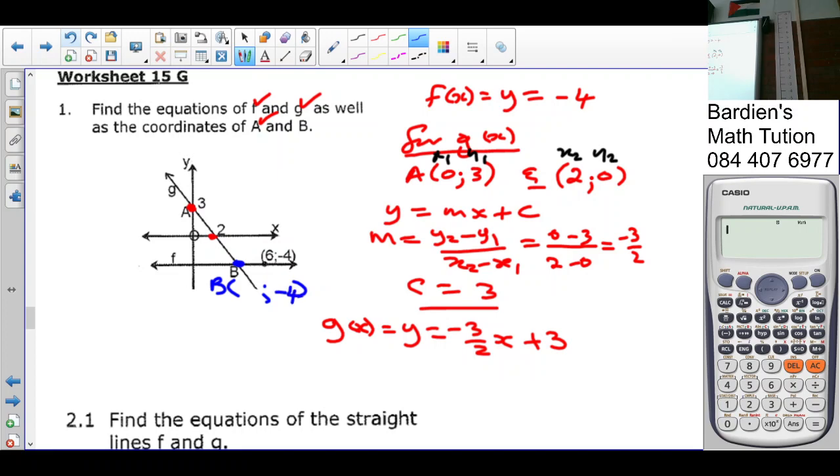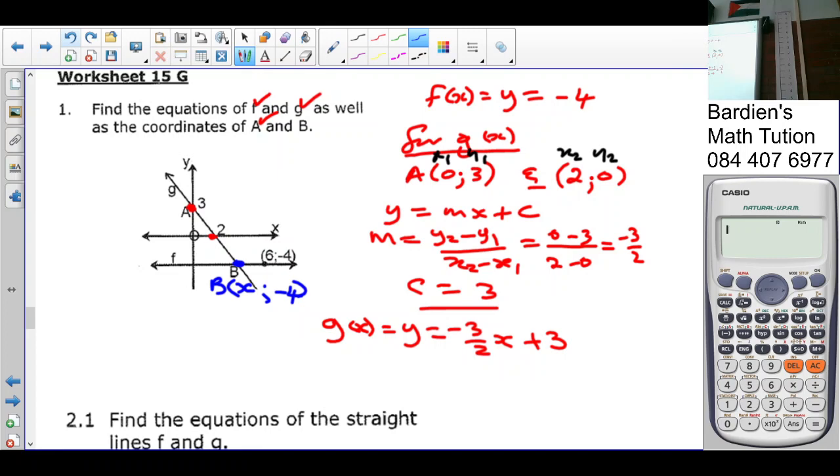Can x be 0? No. If it was, then it would be 0 and negative 4, and 0 and negative 4 is here. So it's not that. Do we know the x value here? No.